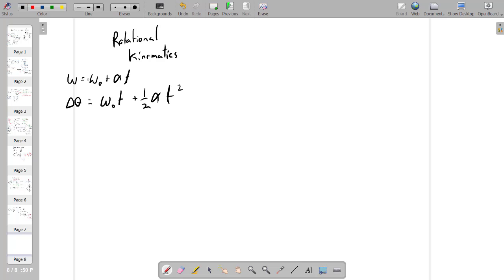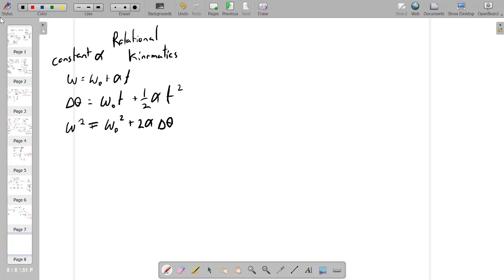Note that I'm just replacing delta x with delta theta, I'm replacing v's with angular velocities, and I'm replacing a's with angular acceleration. All right. There's my rotational kinematics. This is with constant acceleration.